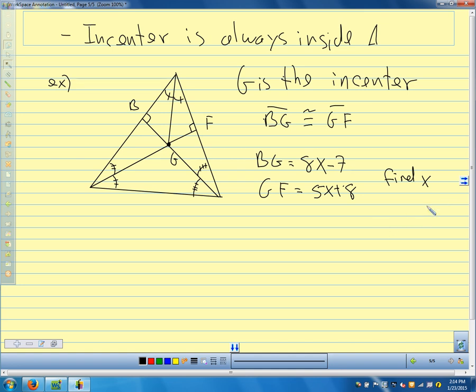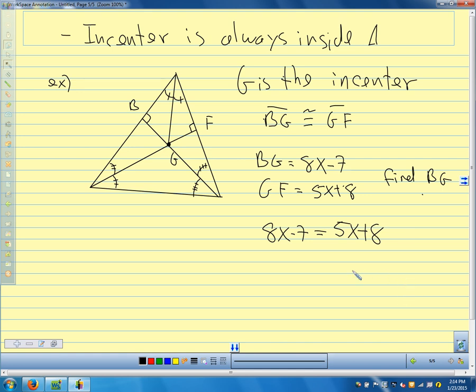I'm going to change it. Find BG. So what are we going to do? Set them equal to each other. We figured out before we even looked at what they asked us to do that those two have to be the same length because the point G is the incenter. So we say 8x minus 7 equals 5x plus 8.